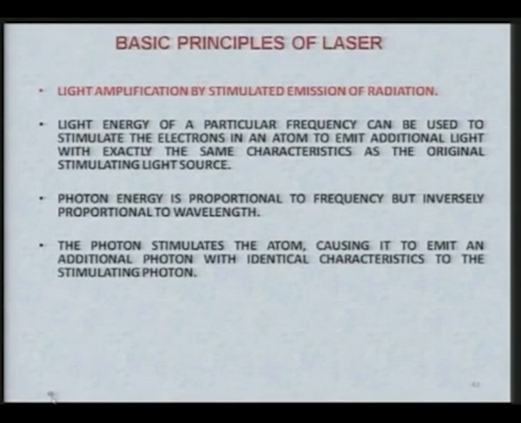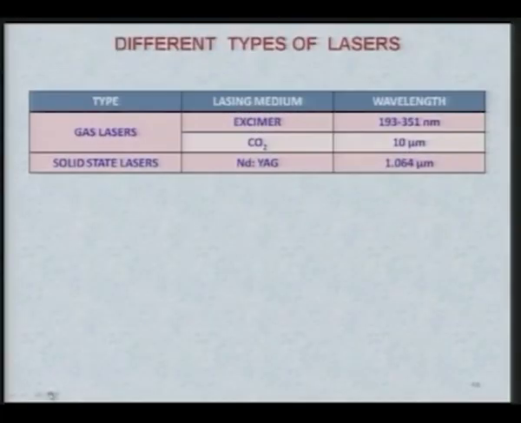So, this is a chain reaction, and you have a large number of photons in the area where you are producing the laser beam, and there are 3 types of lasers: gas lasers, liquid lasers, solid lasers. Here 2 are shown.